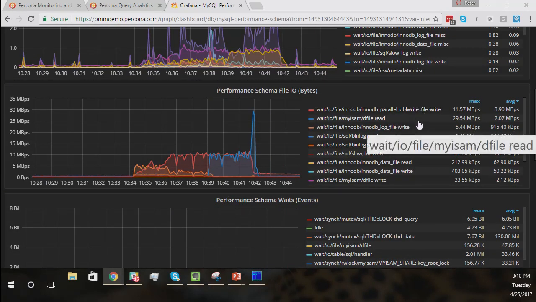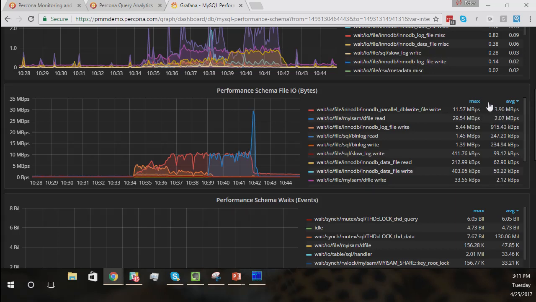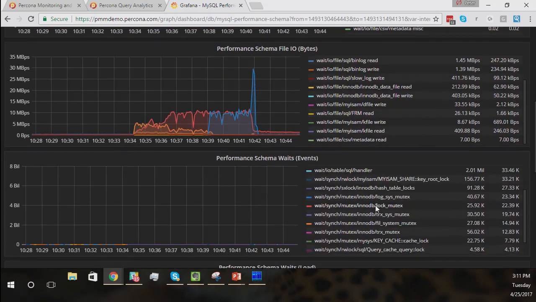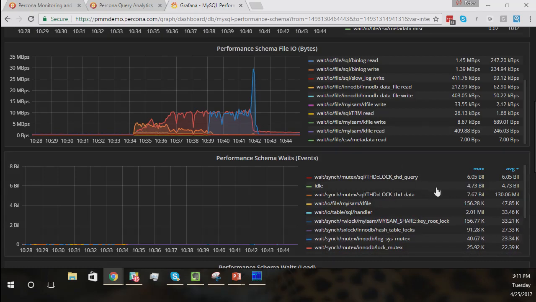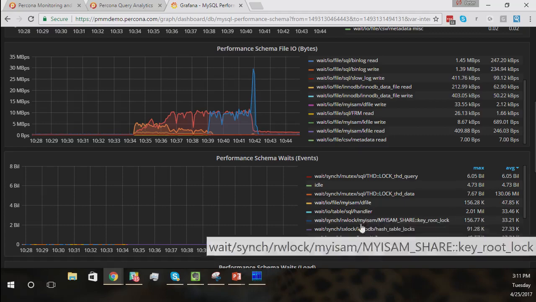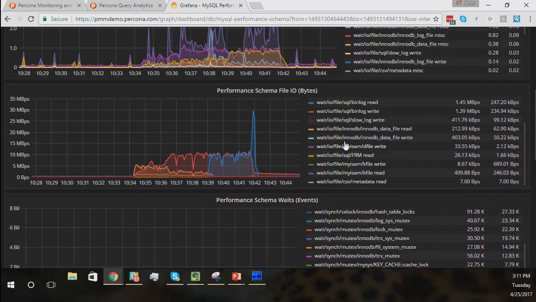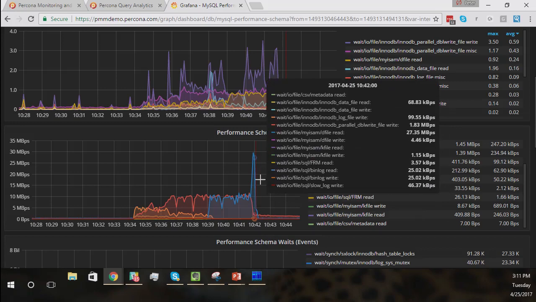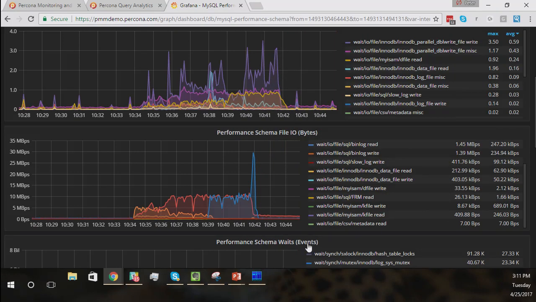Like you can see, for example, in this case, where on average the largest amount of writes come from InnoDB doublewrite, right? That is interesting. You can also look at the waits, where things are being waited on. And in this case, you can see we try to look at those from two different standpoints. One is looking at either the amount of bytes or the number of events.